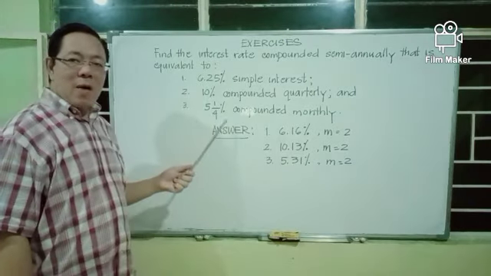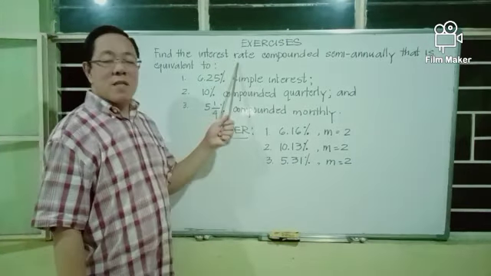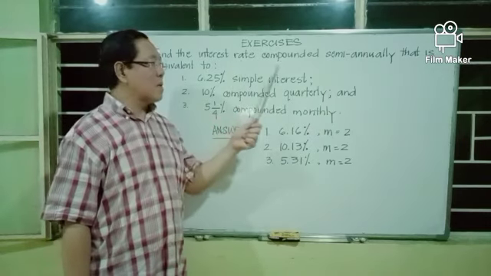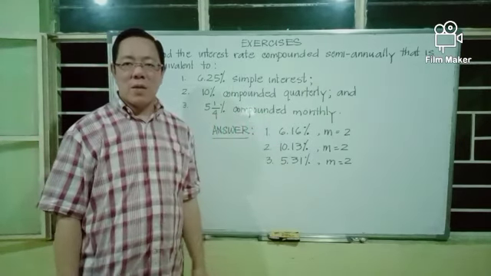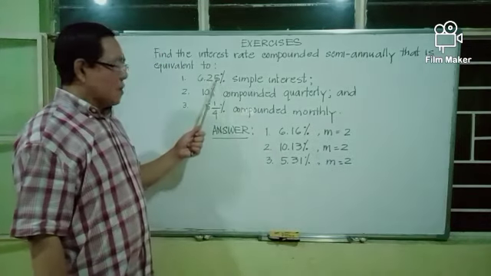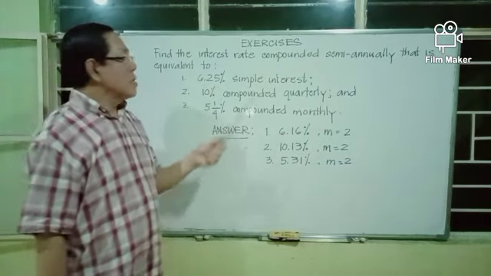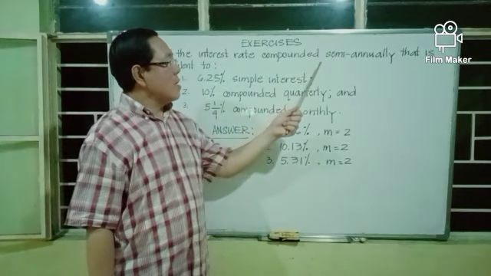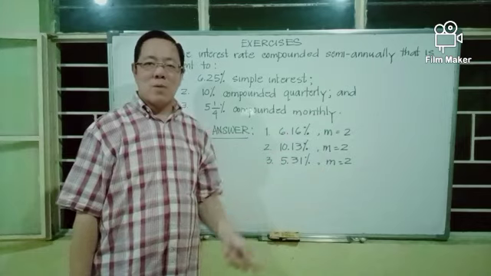For each of these three numbers, the interest rate compounded semi-annually is unknown.